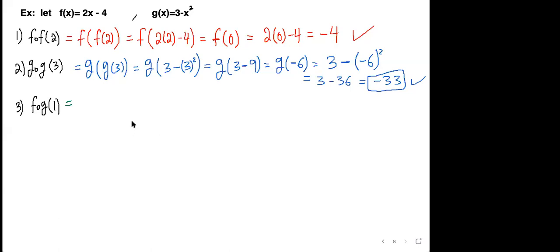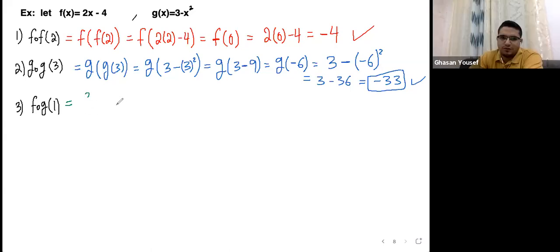You'll do f parentheses of 3 minus 1 squared. G of 1, yes. So this is equal f of g of 1. You have to plug in the 1. 3 minus 1 squared.